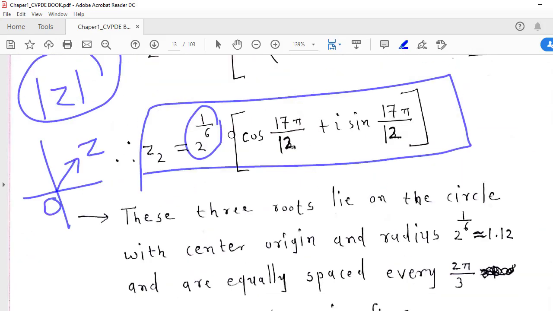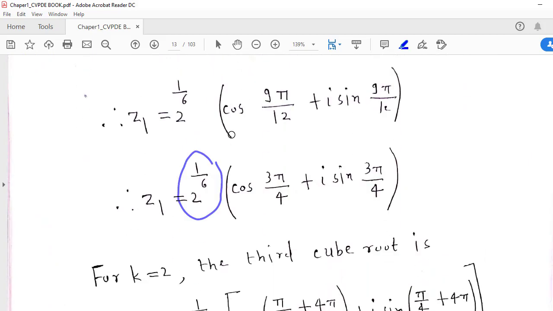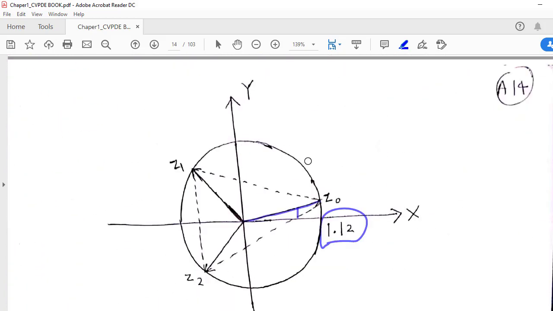Suppose this is pi by 6, then half of pi by 6 is pi by 12. Similarly, the argument of z1 is 3 pi by 4, that is pi minus pi by 4. So you have to draw this vector in such a way that the angle made by this vector with the positive x-axis is 3 pi by 4. So z1 is at this angle.